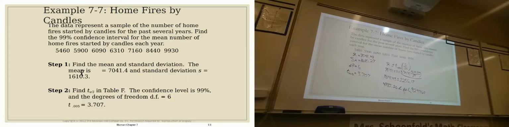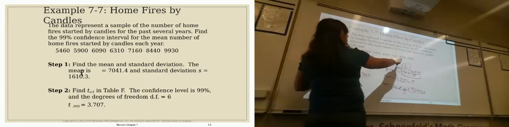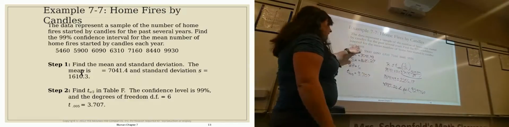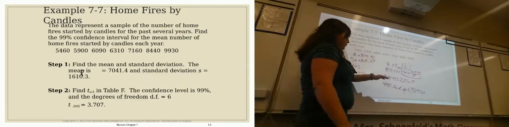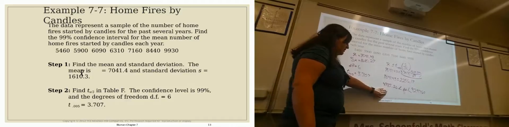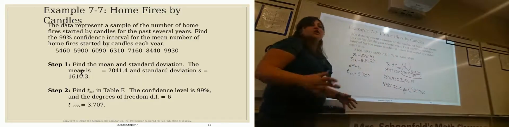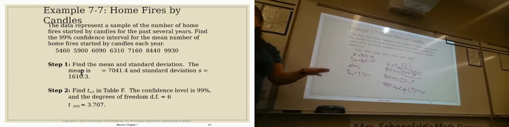To put it back in words: we are 99% confident that the mean number of home fires started by candles each year will be between 4,785 and 9,297. You need to say that in a sentence to make it make sense.